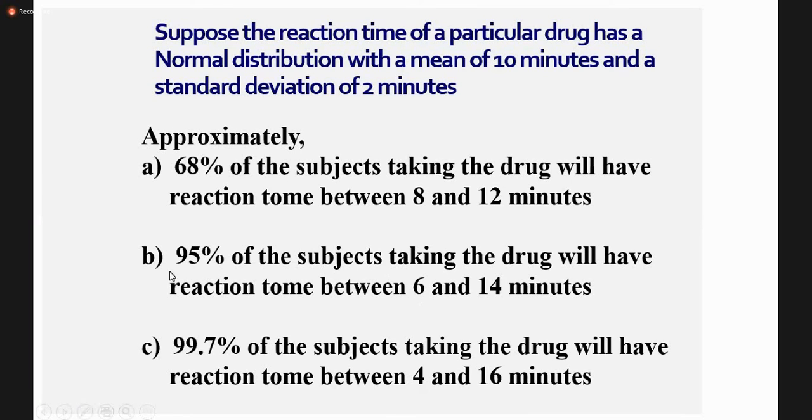So 95% is a more conservative estimate. 95% corresponds with 2 standard deviations. So 2 minutes multiplied by 2 below the mean, and 2 minutes multiplied by 2 above the mean. That means 10 minus 4, that means 6 and 14 minutes. So 95% of the subjects taking the drug will have a reaction time between 6 and 14 minutes.